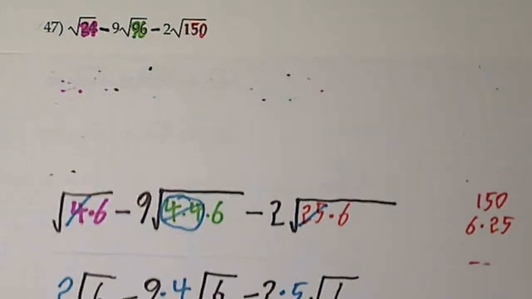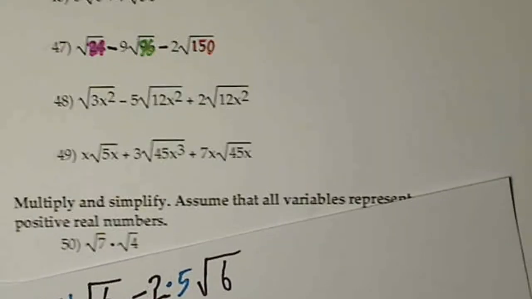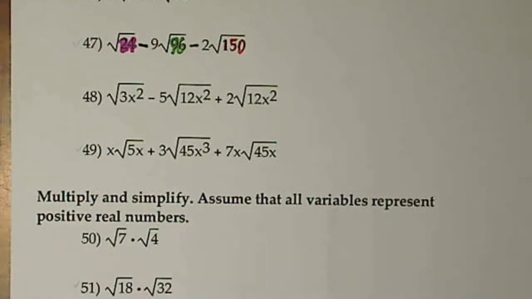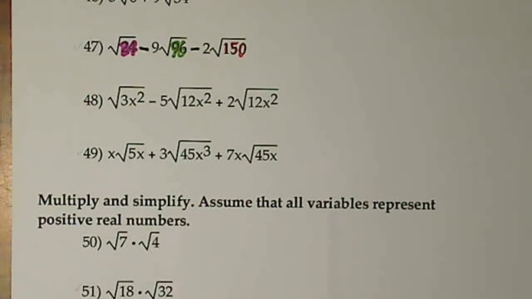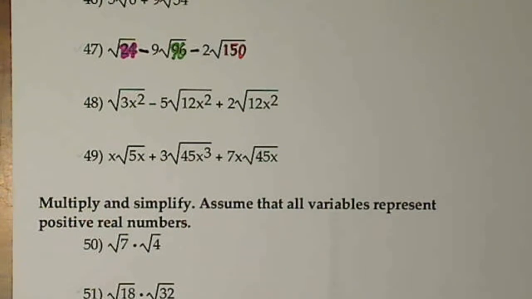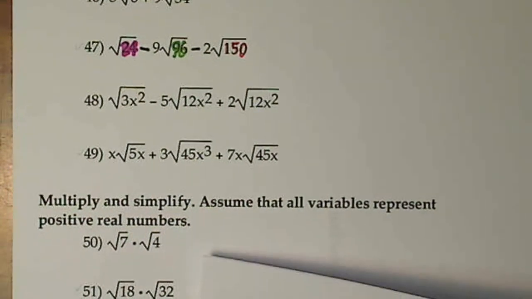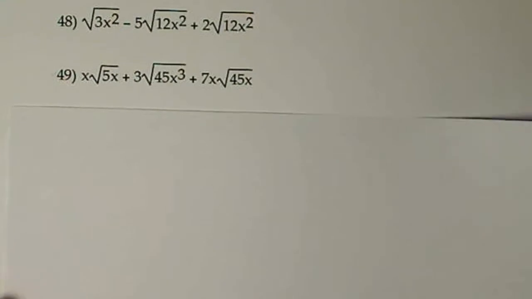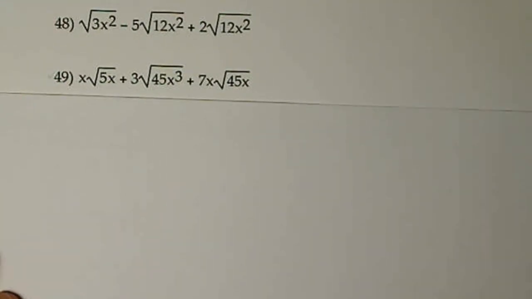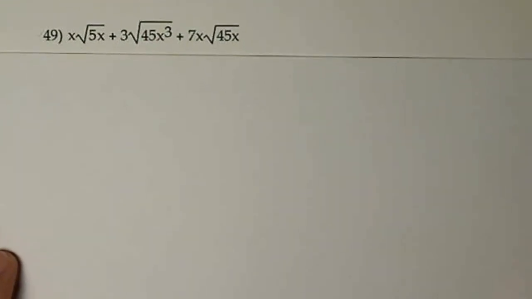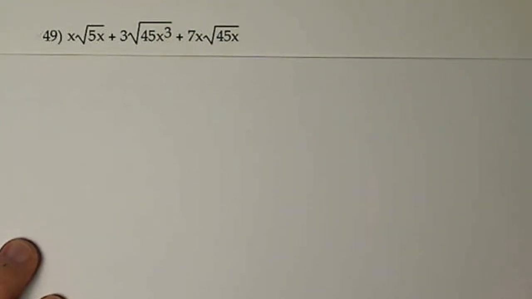And we will also tackle number 49 because we have variables in there as well. Okay. And looking at number 49, it's essentially the same process. I want the exact same thing under the radical.